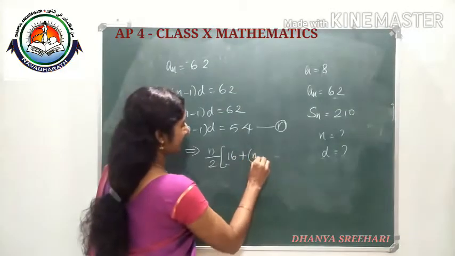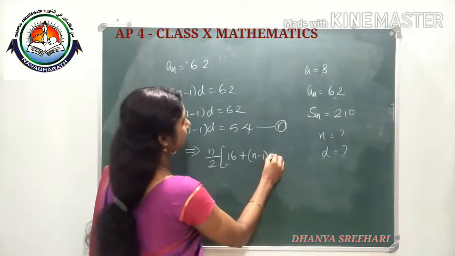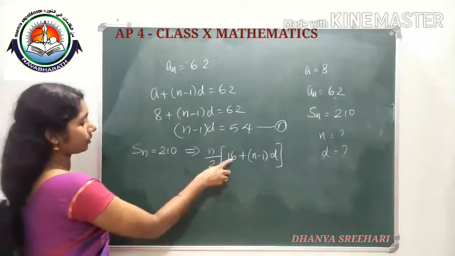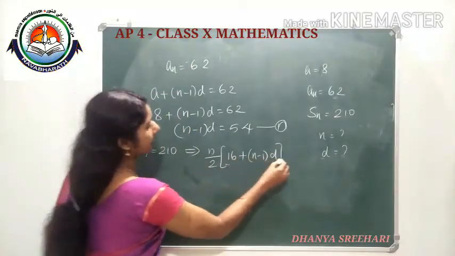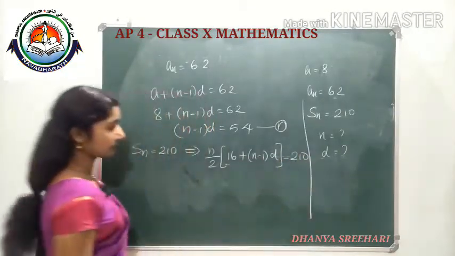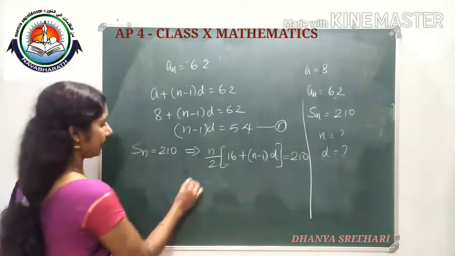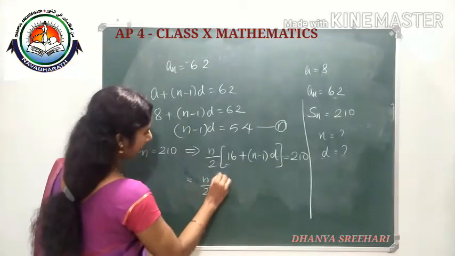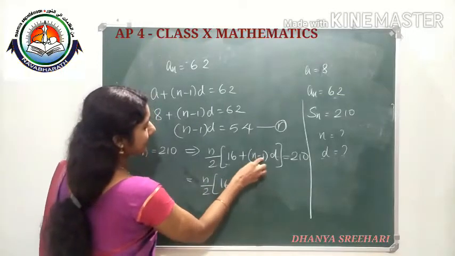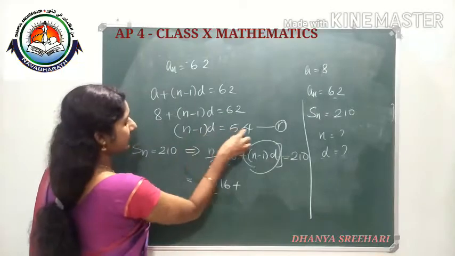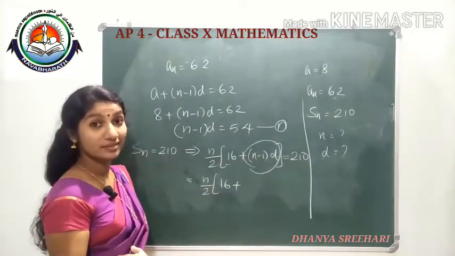We don't know what n is, and d also we don't know. So n by 2 into 16 plus n minus 1 into d is given as 210. Now, n minus 1 into d is 54, we already found from the first given information.